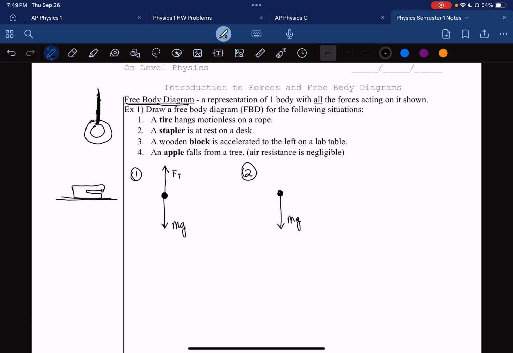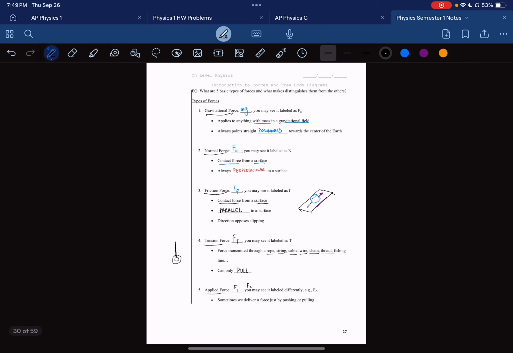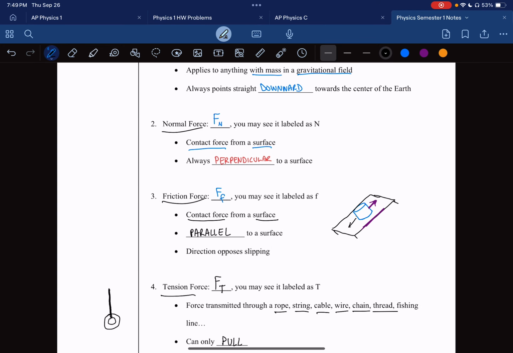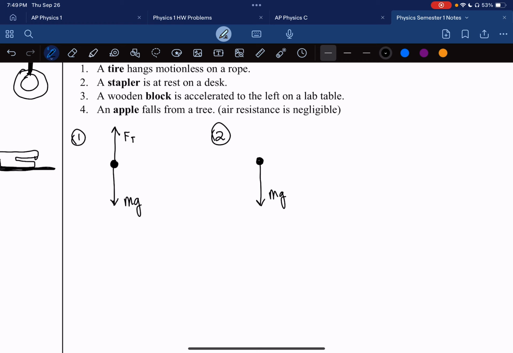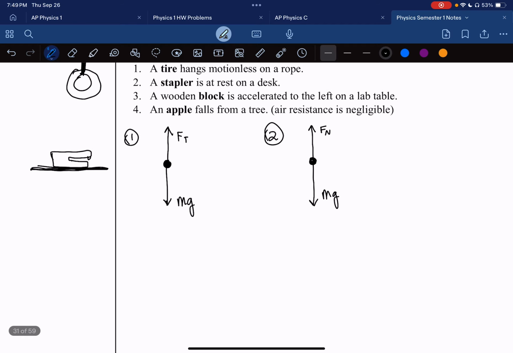It is on a surface. It is stationary, it's at rest. So it does have a contact force from the surface. Is it the normal force or is it a friction force? It's not a friction force, it's a normal force. So the table is pushing back up on the stapler with a force capital F subscript capital N.